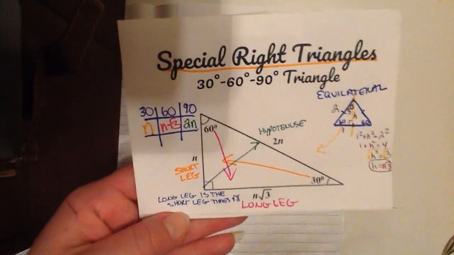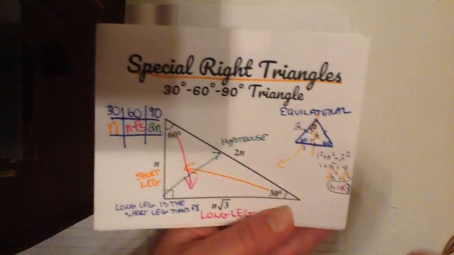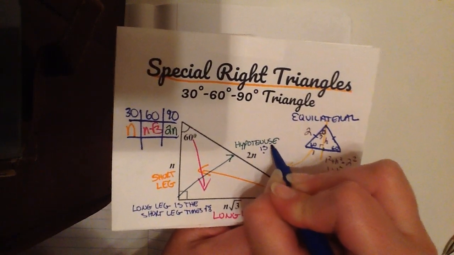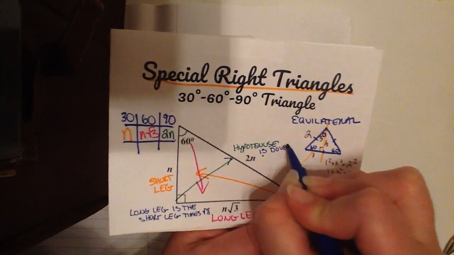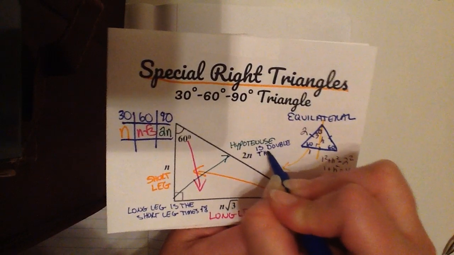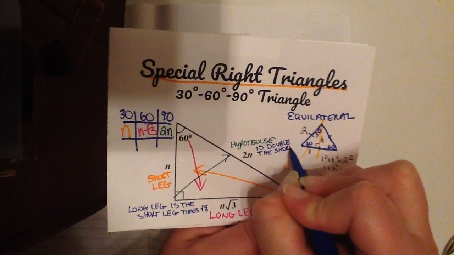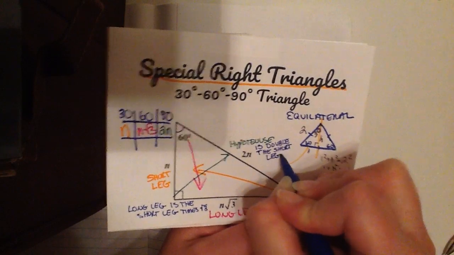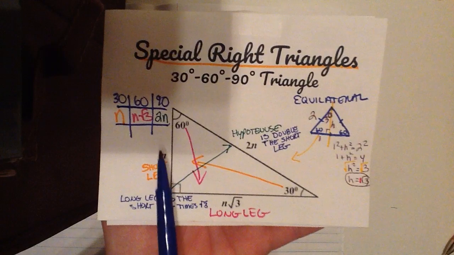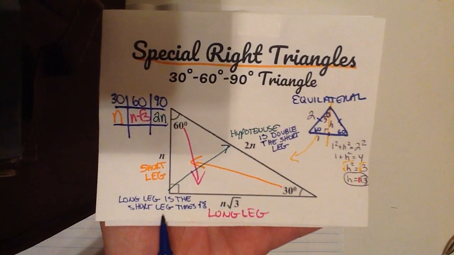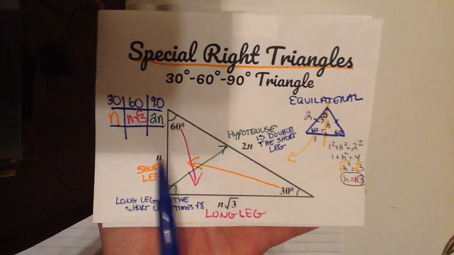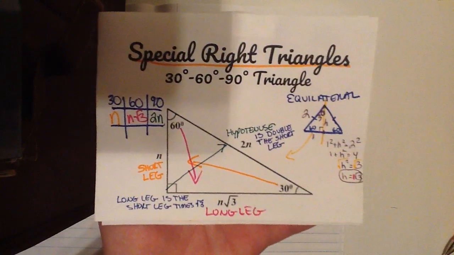Verbalizing it again, the hypotenuse is double the short leg. So short leg is our n, long leg is the short leg times radical 3, and the hypotenuse is double the short leg, or 2 times that.